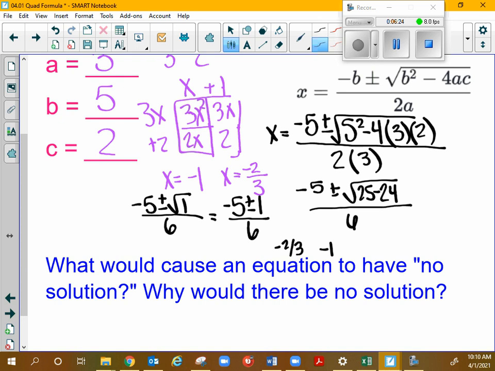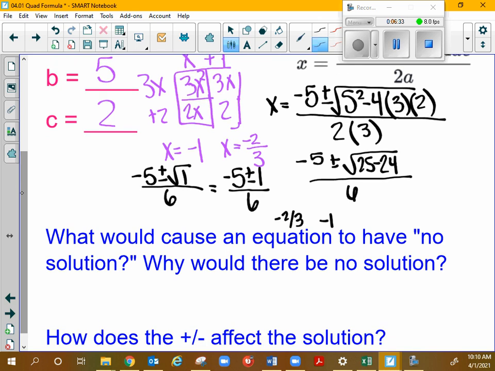Is that what I got with factoring? Yes. So another route to solve the same thing. It took me a little bit longer. Okay. So what type of scenario might give us a no solution answer?